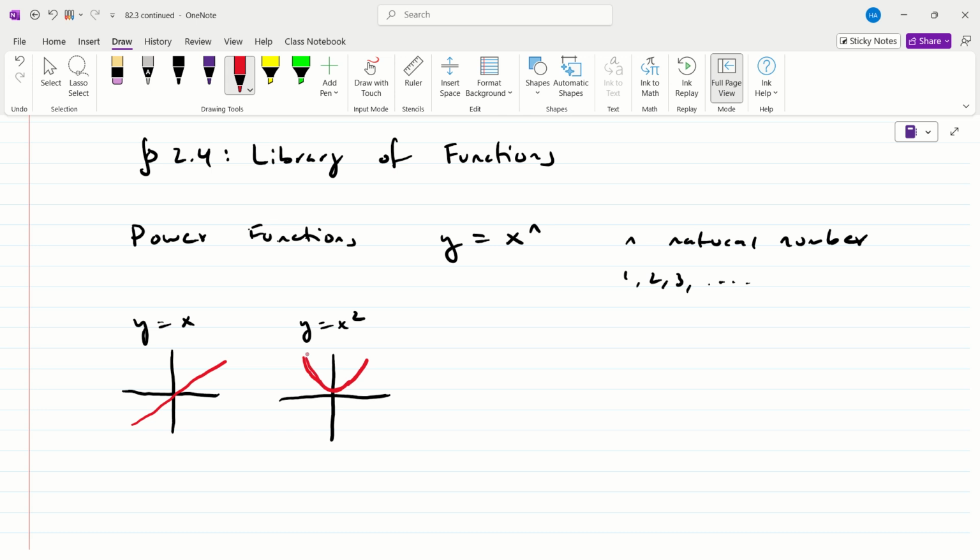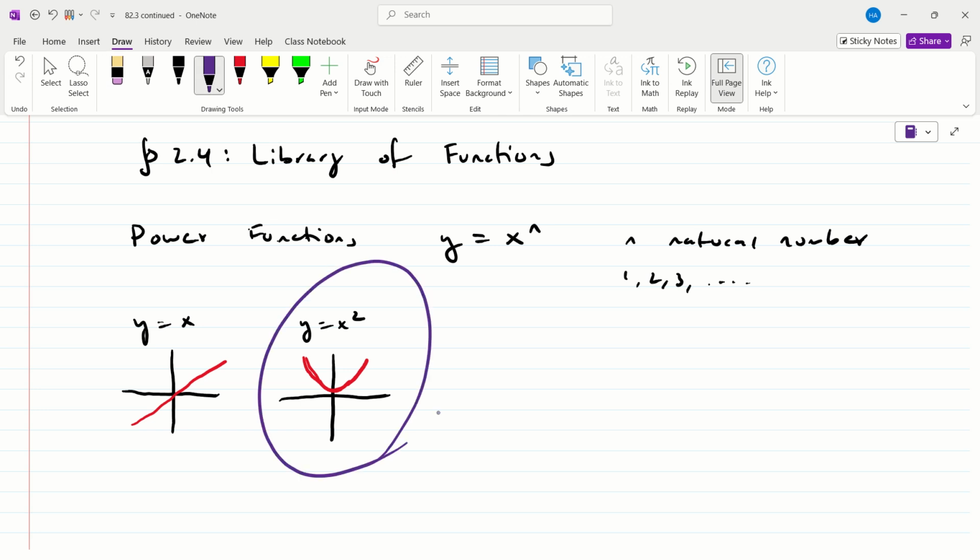Now, before we proceed with other variations, consider some of the characteristics of these two functions. For x to the first power, on the far left-hand side, as your x's go to negative infinity, your y's go to negative infinity. On the right-hand side, as x goes to positive infinity, your y values go to positive infinity.